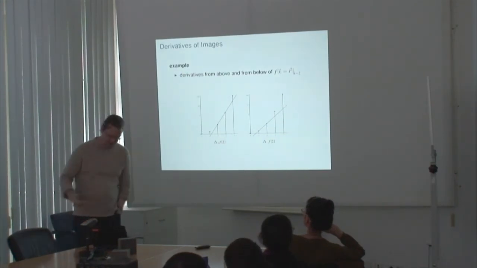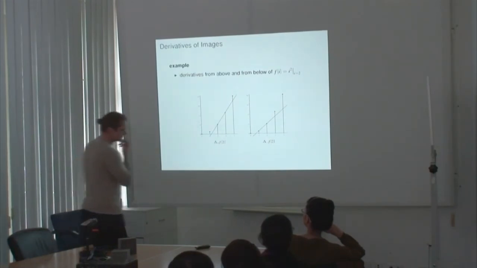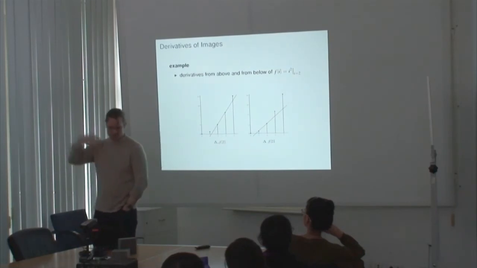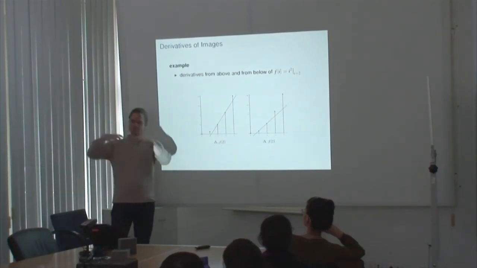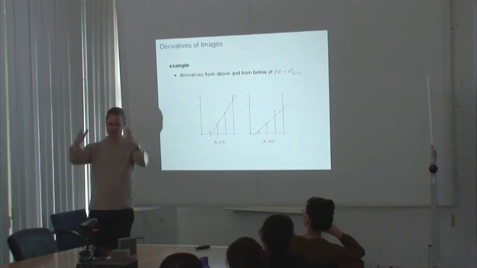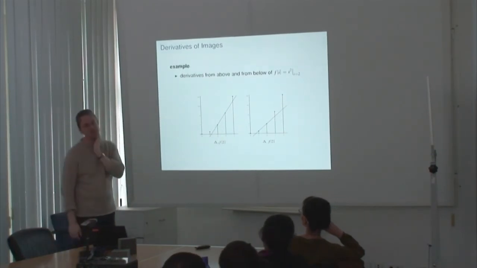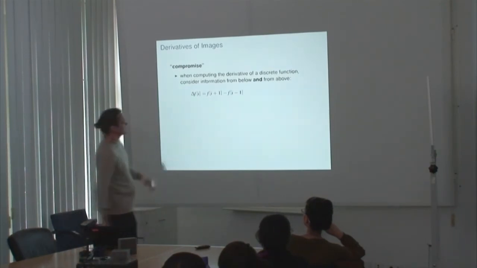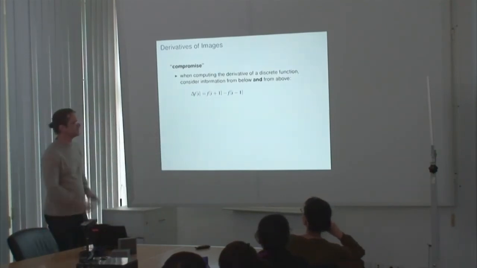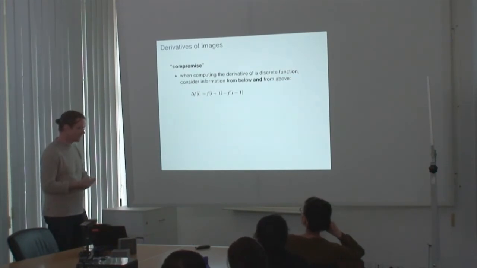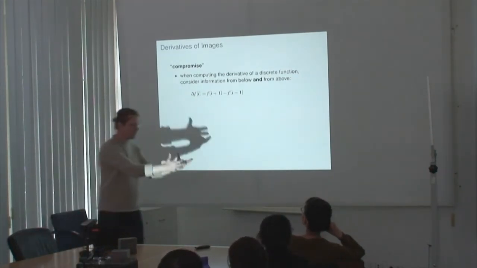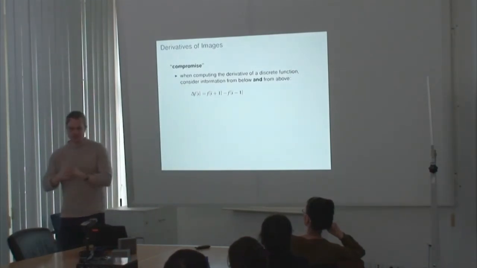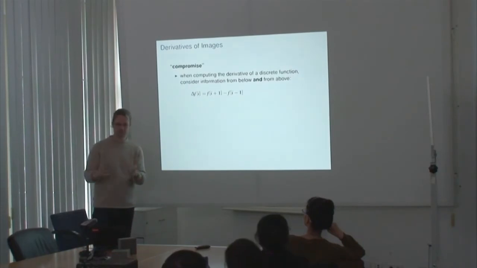And this is sad because the things we are dealing with are these discrete functions. I just said if we consider images as functions, we can use everything we have learned in high school and apply it to images, and now it appears that we cannot. Well, we still can, but we have to compromise. One compromise is that we don't throw away the idea of differentiability, but we adapt it to the things we're dealing with.